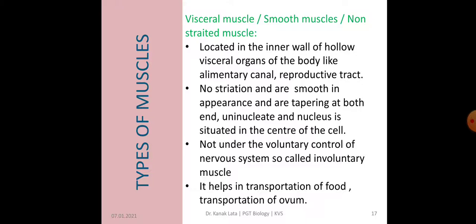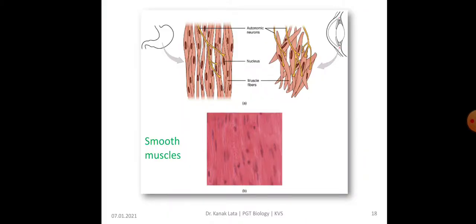Nucleus is situated in the center of the cell. The smooth muscle is not under the voluntary control of the nervous system. That is why it is called involuntary muscle. It helps in transportation of food, transportation of ovum, etc. In the given figure, you may observe the spindle-shaped smooth muscles.